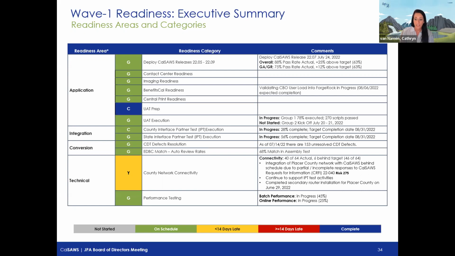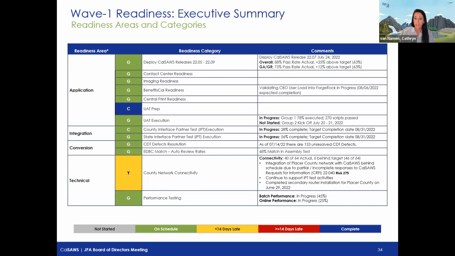The yellow indicates that there are a few activities that are behind schedule that we're tracking towards. And then there's also red, which is greater than 14 days. That is items that are not just on our watch list, but we are also creating mitigation plans against as well.